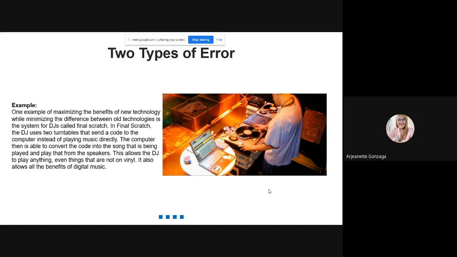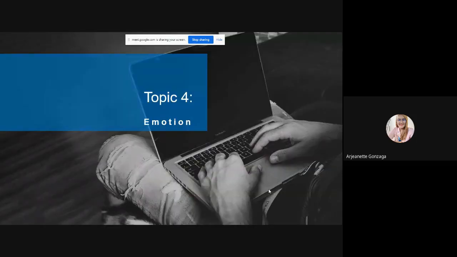So this allows the DJ to play anything, even things that are not on vinyl. So it also allows all the benefits of digital music. So that is also an example of good interface sa ating technology.